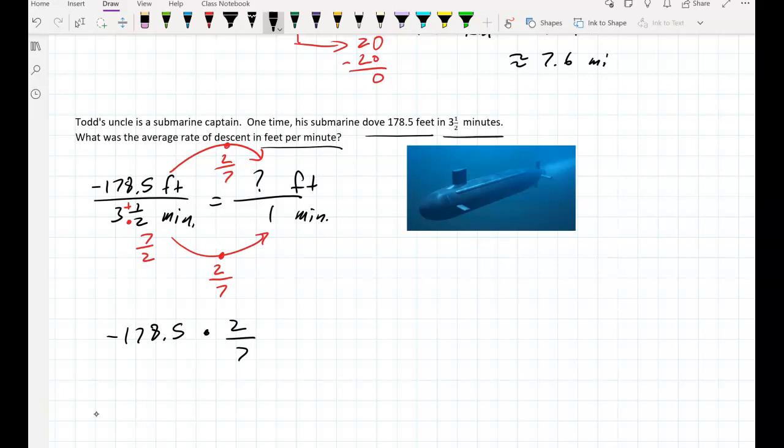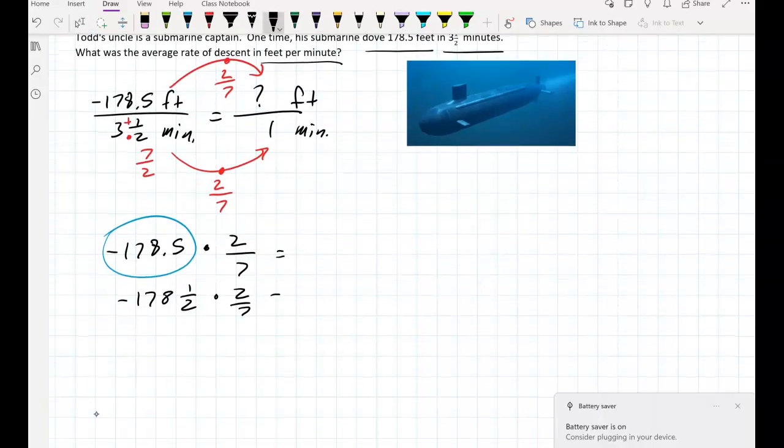And, you know, to be honest, I think it's going to be easier to change my decimal into a fraction instead of this fraction into a decimal, because I know, and hopefully you do too, that 0.5 means that's 1/2, right? So this would be negative 178.5 times 2/7.